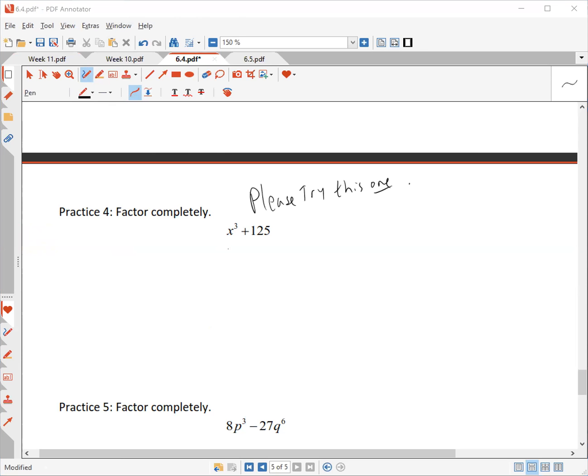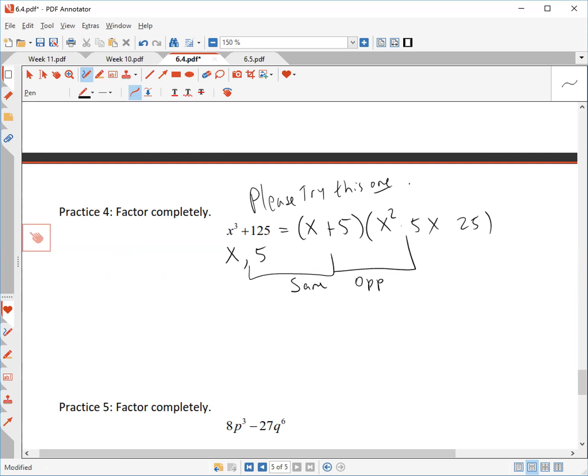So you recover the two pieces. X cubed came from an X. 125 came from a 5. So we recover them and we place them in there as recovered. Then we square, product of the two, and square. We use the same sign. Plus is a plus.